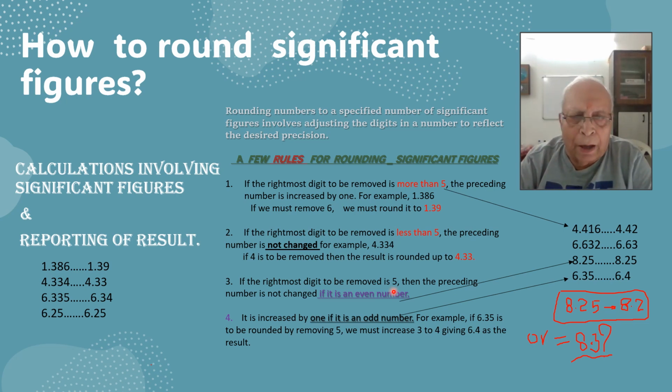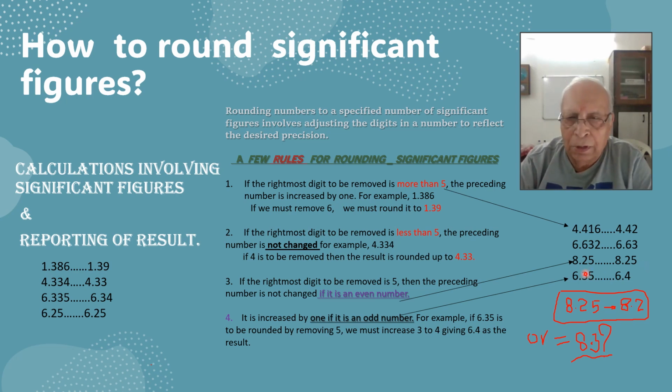If it is just 5, the last digit is just 5, and the preceding number is an even number. Odd and even is known to us. If the preceding number is even, then what will happen? The number will not change. 8.25 will remain as 8.25.